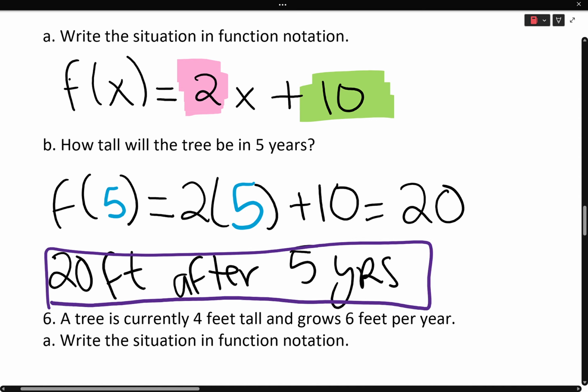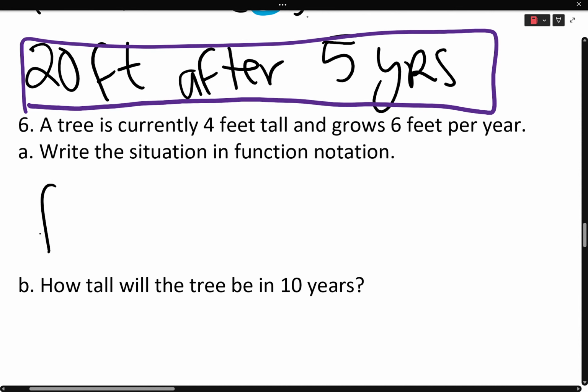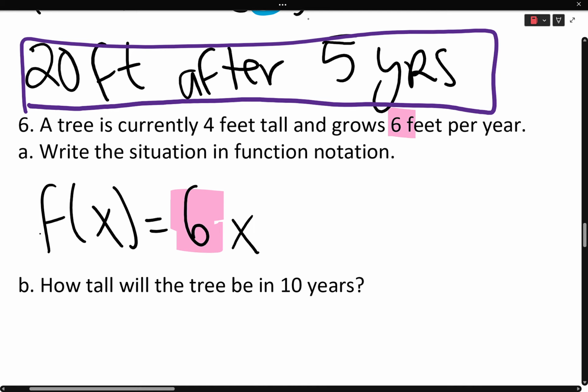Let's do the same thing for number 6. A tree is currently 4 feet tall and grows 6 feet per year. Let's write a function. Well, the average rate of change here is 6 because that's how much we're growing every year. The starting height is 4.